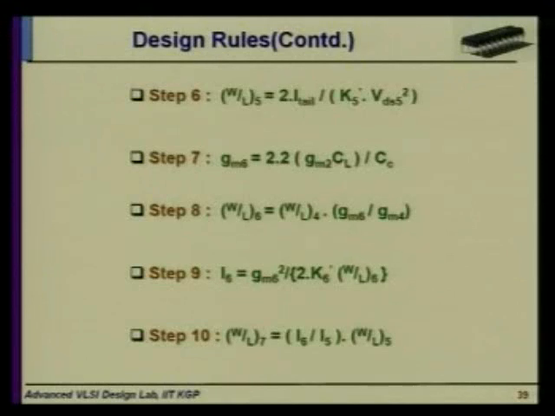So the aspect ratios of all the transistors from M1 to M7 we have found out. During the design we will start with L somewhere near 250 nanometer or 500 nanometer, and if we know the L of all the transistors, obviously we can easily find out the W of all the transistors. So we will start with those values.